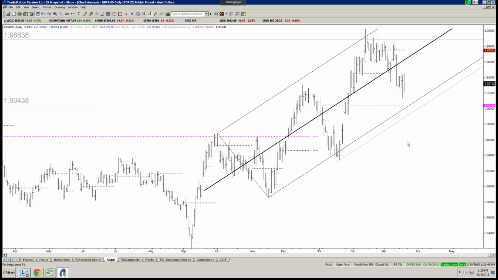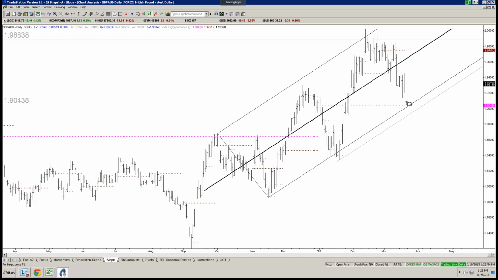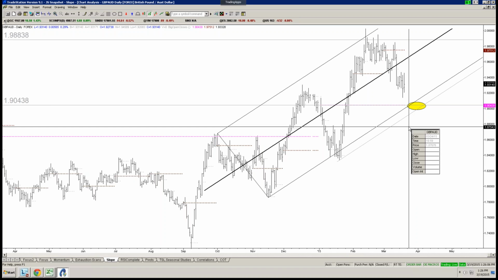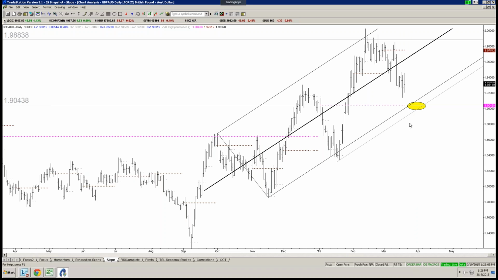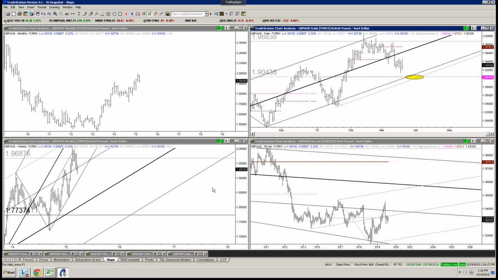So this might be one of the better setups just because of the combination of year open and the lower parallels, with pound Aussie potentially coming into a very important support, which is in like 300 pips. It's at 90.44. We're at 93.12 right now, but as we know, pound Aussie can move 300 pips pretty quickly, right? So that would be something to keep on your radar as well.